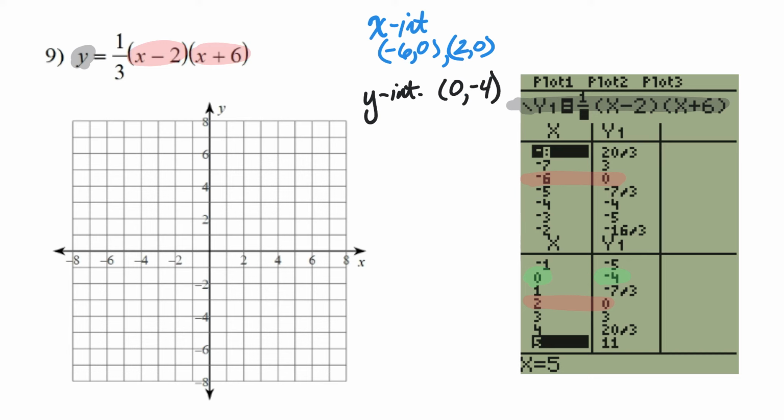I'm going to plot a few of these points while I'm at it. -7, 3. We've got a point at -6, 0. We've got a point at -4, -4. We have a point at -3, -5. We also have a point at -1, -5.